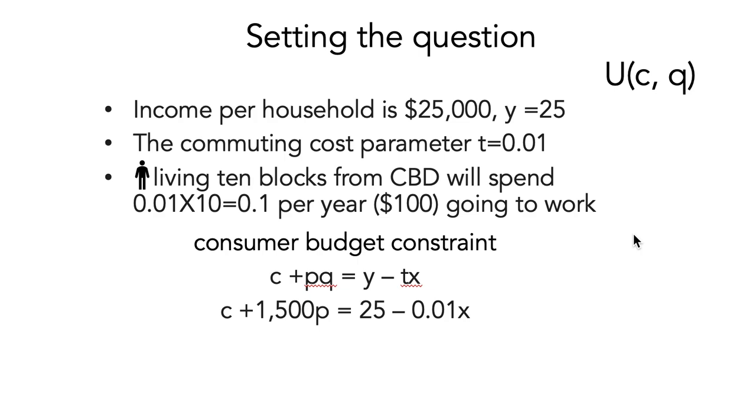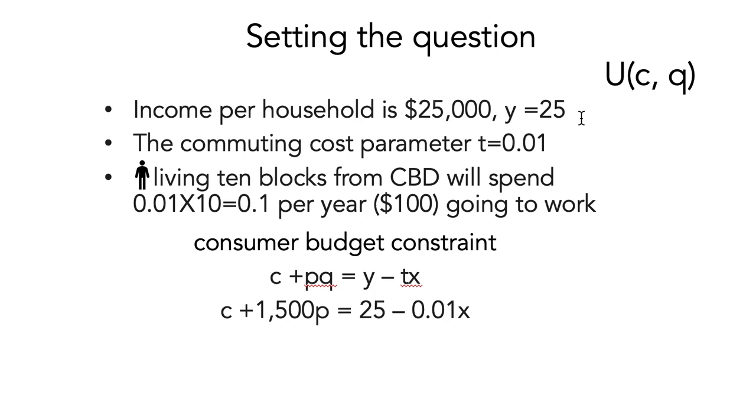Now, let's talk about the consumer. Suppose that the income per household is $25,000 per year. If you recall, the utility of the person in this case depends on how much housing they consume, Q, but also on all the other goods bundled in this one item that we'll call bread. So the income per household is $25,000 and we're going to use units of 1,000.